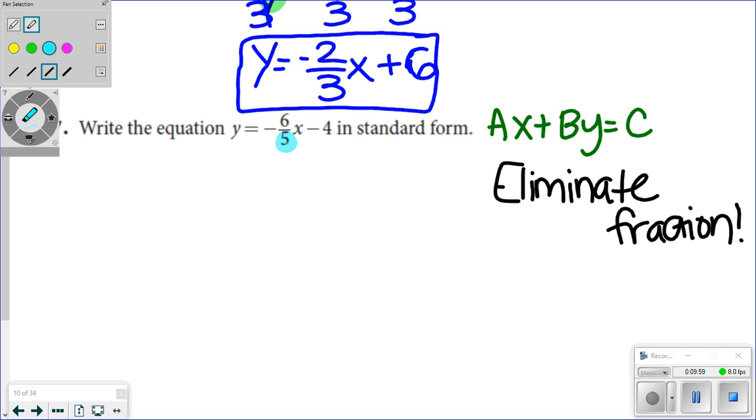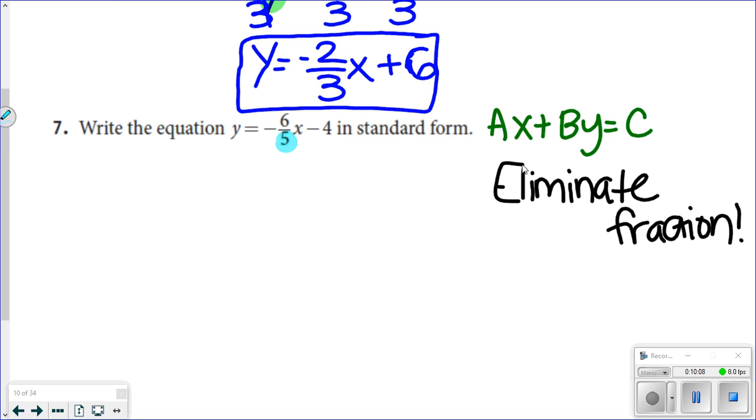What's the bottom of our fraction here? 5. What's the opposite of dividing by 5? Multiplying by 5. So if I put parentheses around here, I need to multiply this entire equation by 5. Not just -6/5. I have to multiply the y and the -4 by 5.